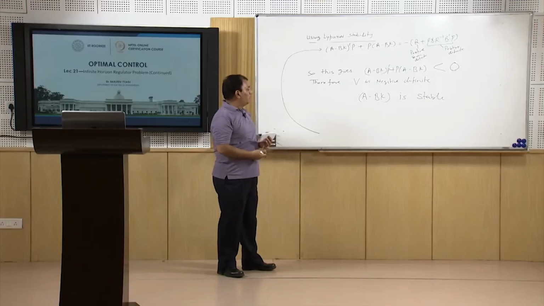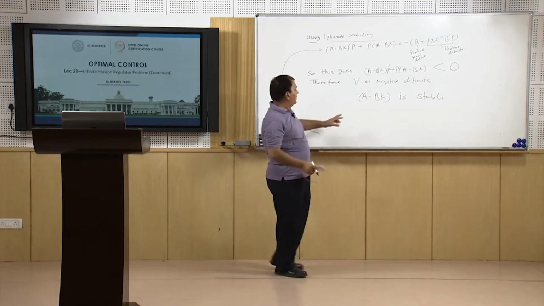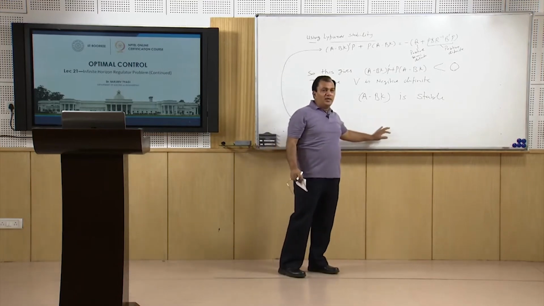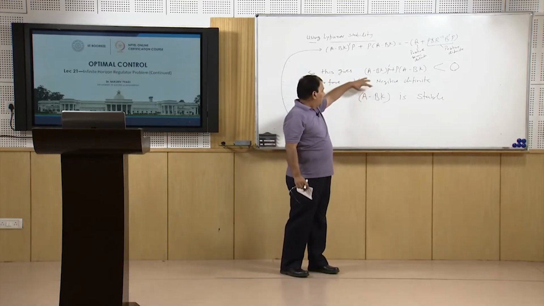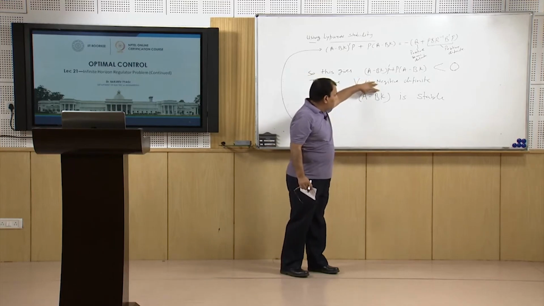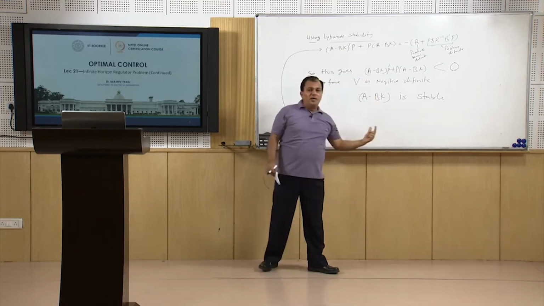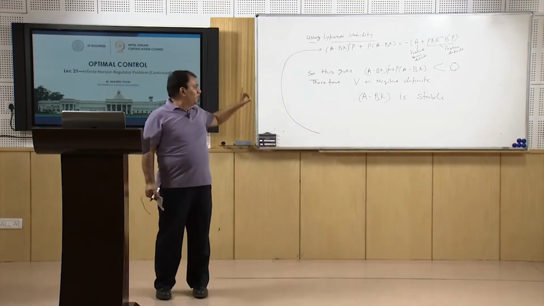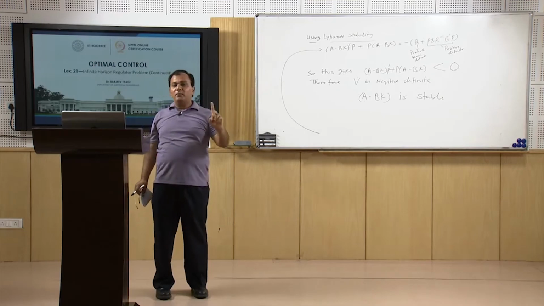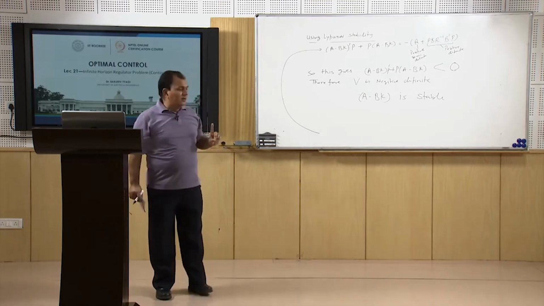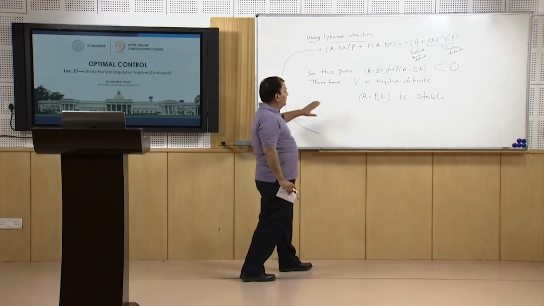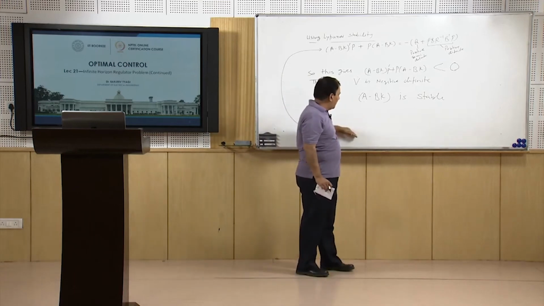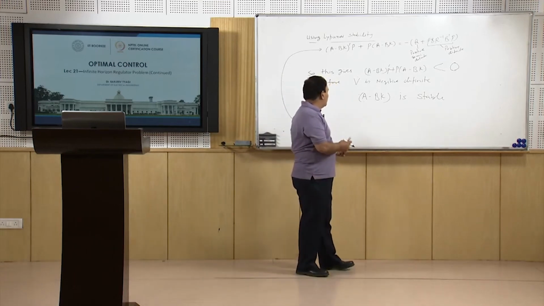So, by this we can prove that the closed loop system x dot equal to A minus Bk x t, my system matrix A minus Bk, will always be a stable matrix, whatever be the condition of A, subjected to my system is controllable. If my system is controllable, this means I can shift my state from x t0 to 0.